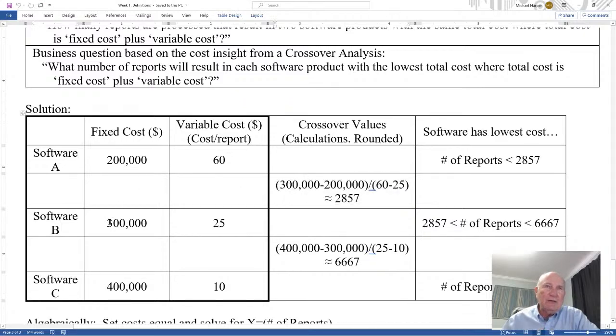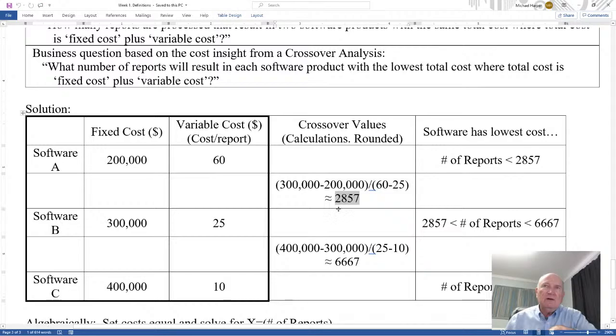And notice it's 300,000 minus 200,000, the fixed cost, divided by 60 minus 25, the variable cost. But notice we take 300 minus 200, and then we go the other way, 60 minus 25. When I do the arithmetic, that equal sign with a squiggle is really approximate. It's approximately 2,857 items.